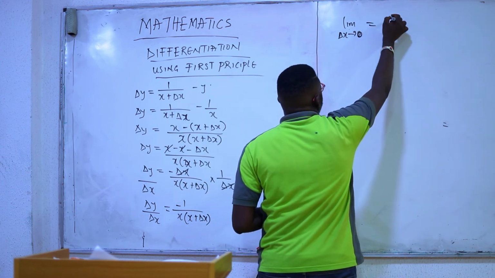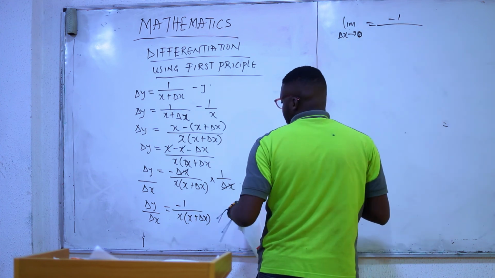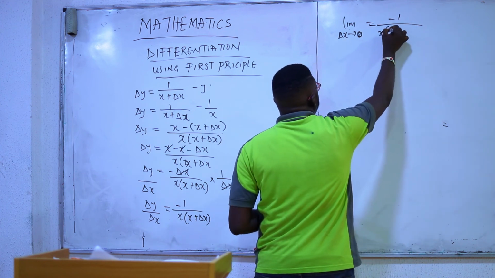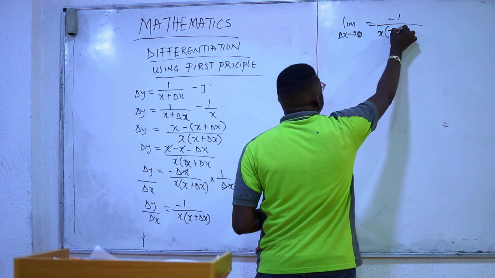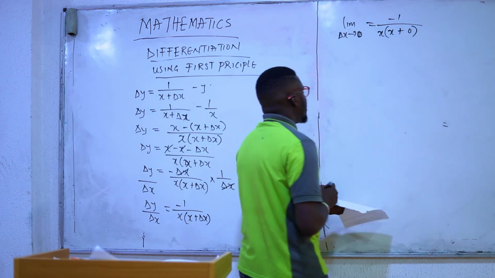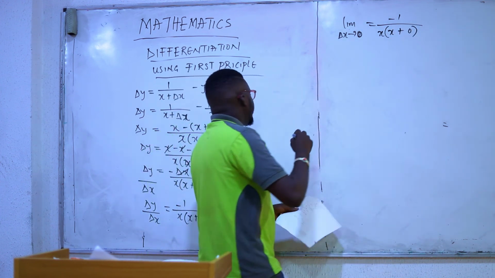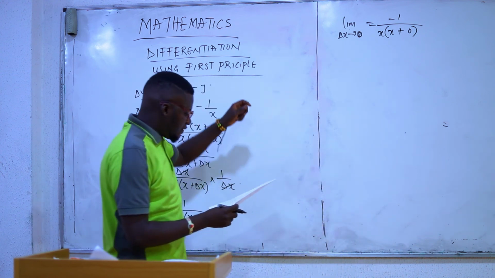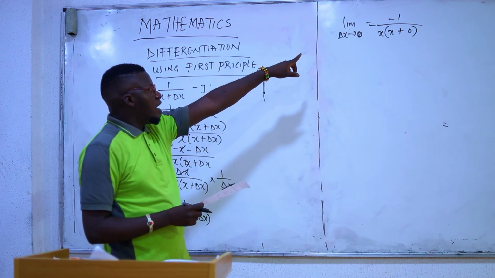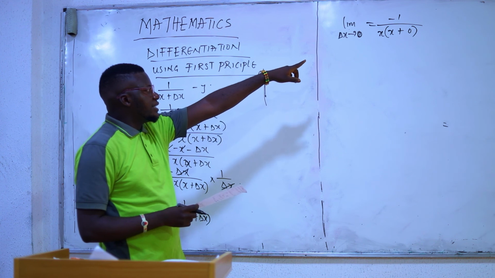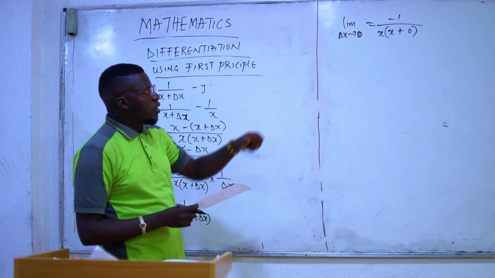I'm going to have it to be equal to minus 1 divided by my x bracket x plus 0. Because limit as my change in x approaches 0, I'll have minus 1 divided by x bracket x. Now my change in x is going to become 0.